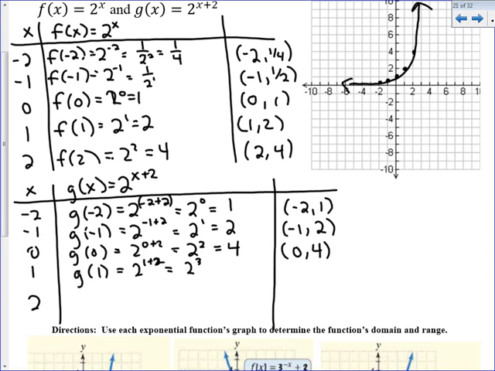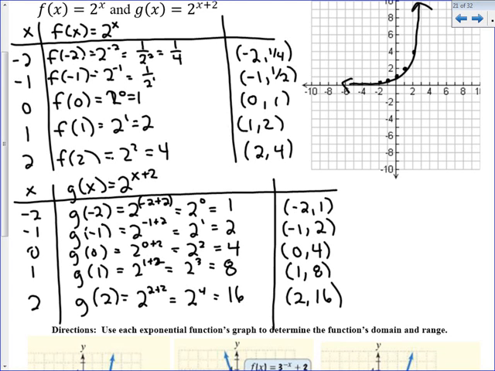Getting ahead of myself, 2 to the third, which is 8. And this last one actually won't fit on the grid that I gave you. You do 2 to the 2 plus 2, it's 2 to the 4th, 16. So are there any questions just on finding the points? Or any of the values that we got finding the points?